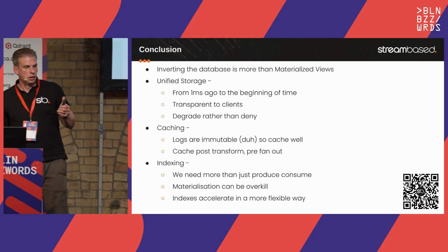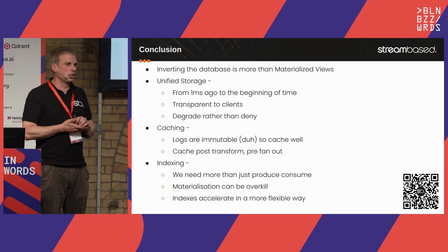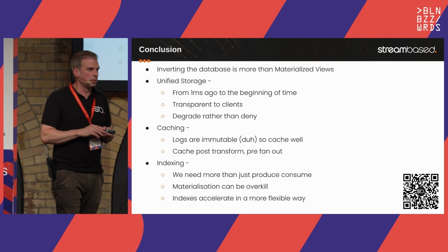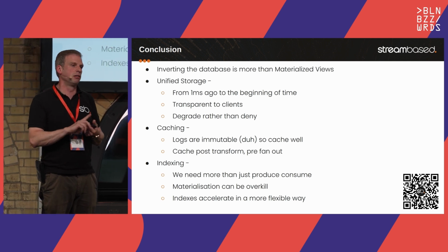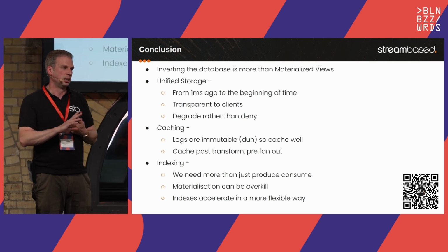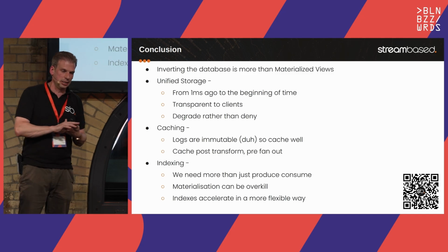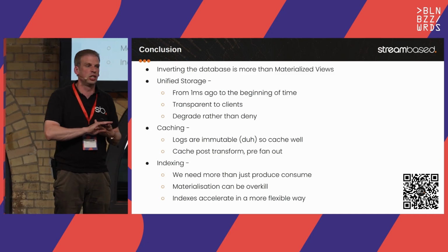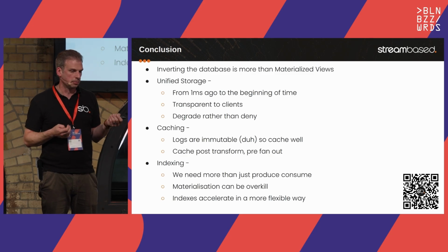So, the central theme of the talk: we're talking about turning the database inside out. And I'm saying it's more than just materialized views and logs. I'm amazed it's taken us 10 years, but we should look again and see what else we can achieve via these principles.